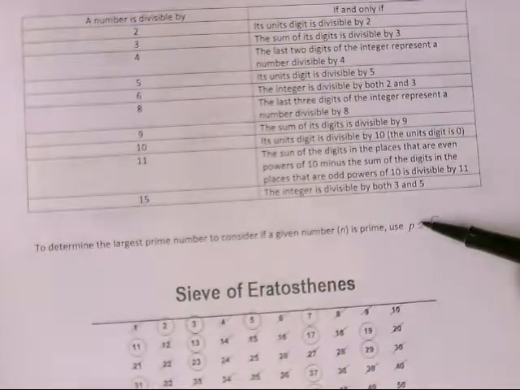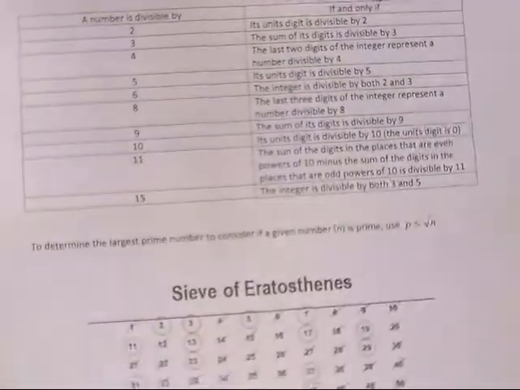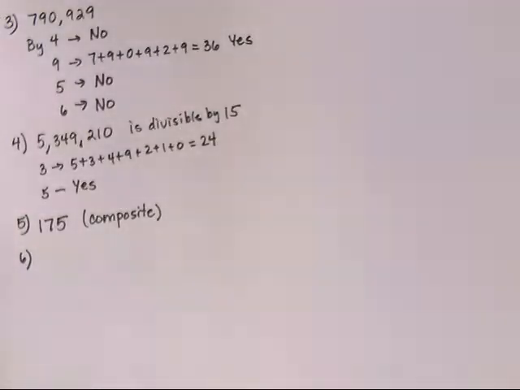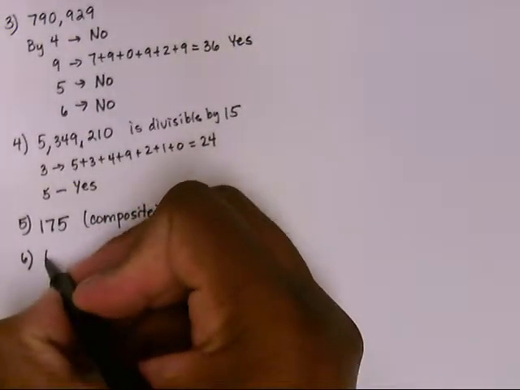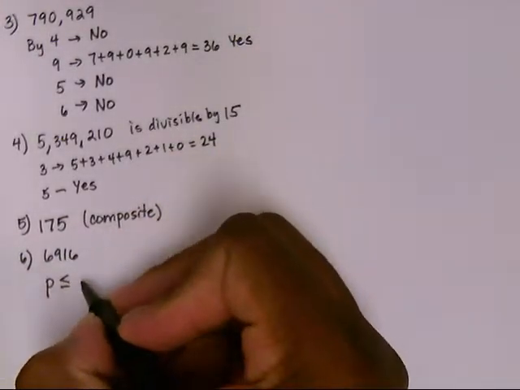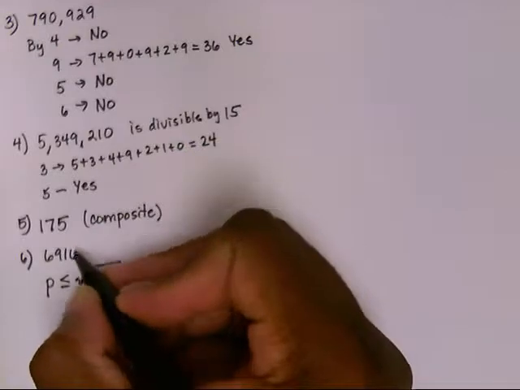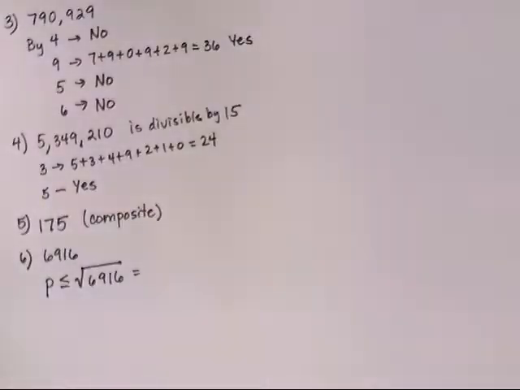P is less than or equal to the square root of n. P is that prime number, and the n is the number that we're dealing with here. So here we're dealing with 6,916. So that P has to be less than or equal to the square root of this number, 6916.